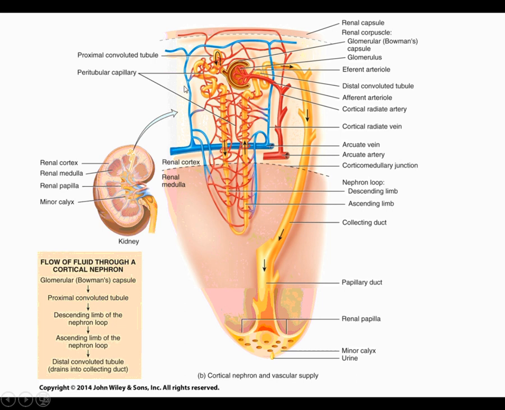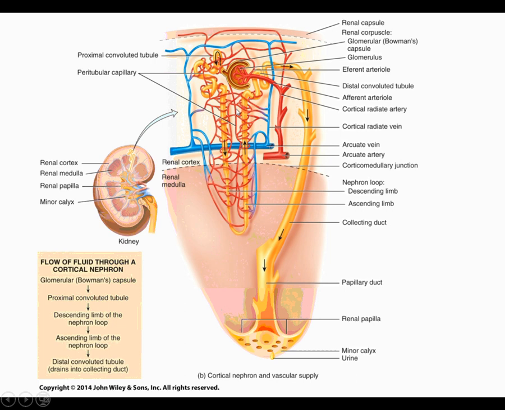Okay. Now our second segment of the renal tubule dips down into the medulla, which is the middle part of our kidneys, and we call this segment our nephron loop or loop of Henle, which includes a descending limb that goes down, carrying that filtrate downwards, and then an ascending limb that carries it upwards.